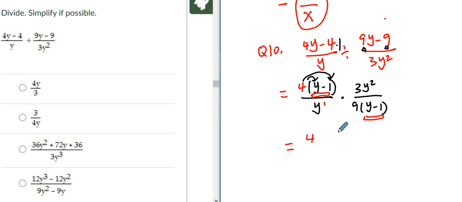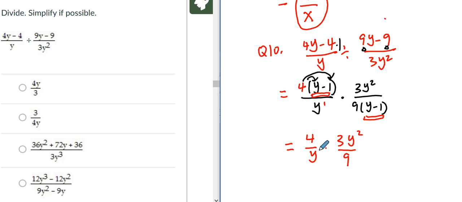We do not want to mess up. Okay? So let's say 4 over y. And then 3y squared over 9. So in step 1, we just canceled y minus 1. See, everything else I kept to avoid some mistakes.